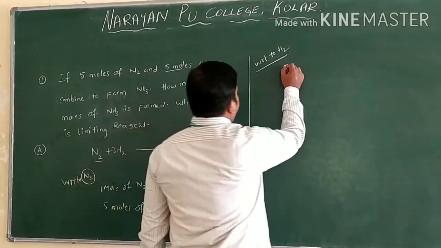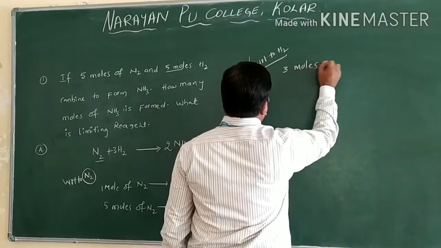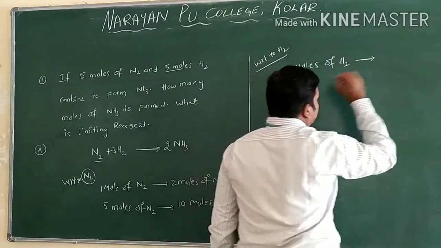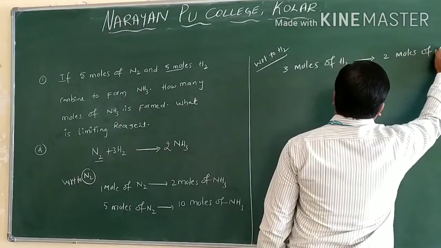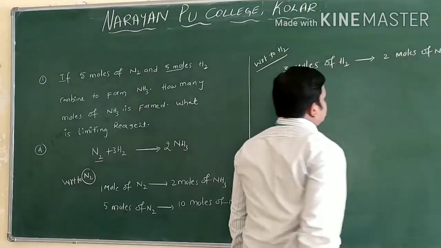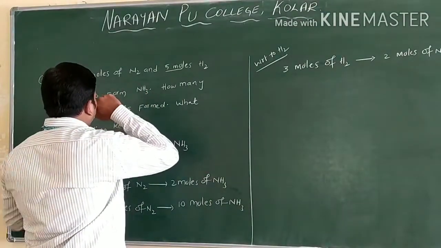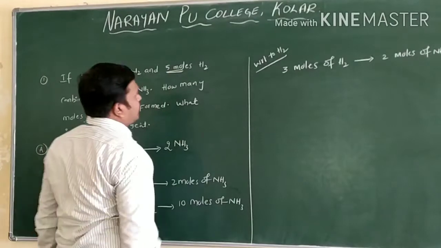So I write 3 moles of H2 gives rise to 2 moles of NH3. In the problem, H2 is also given as how many moles? 5 moles only. Here N2 is 5 moles and H2 is also 5 moles.